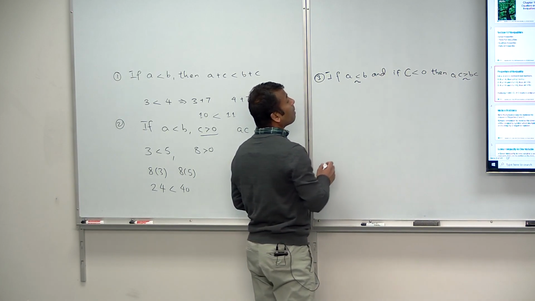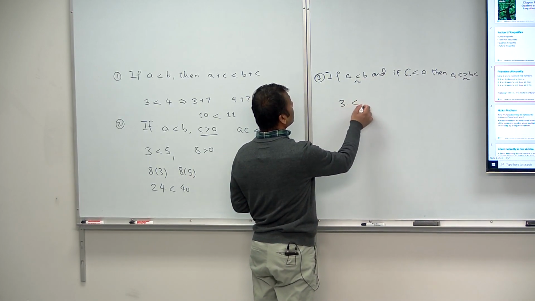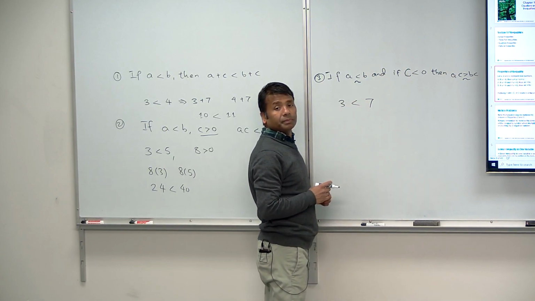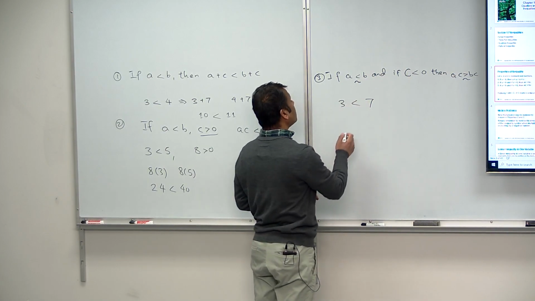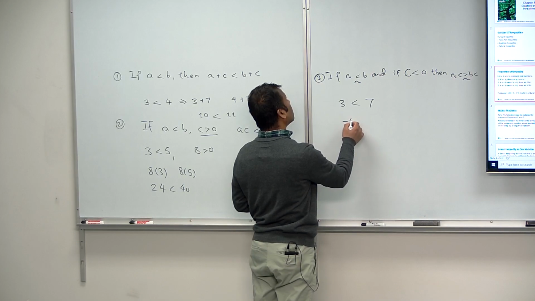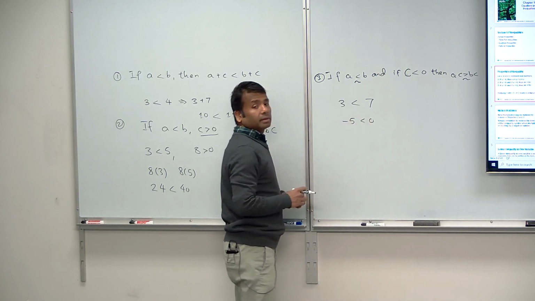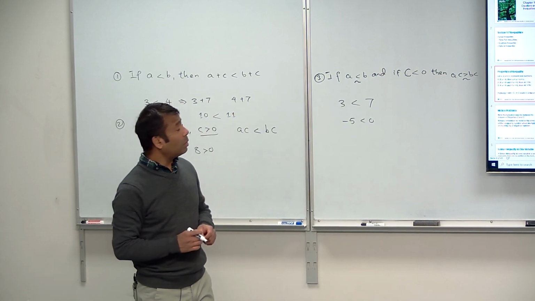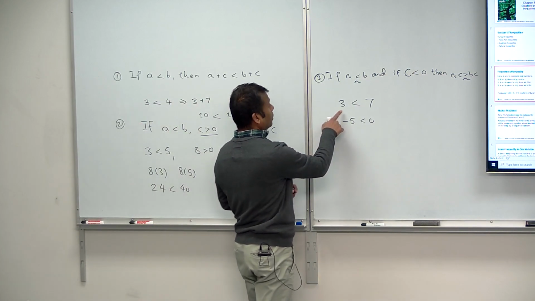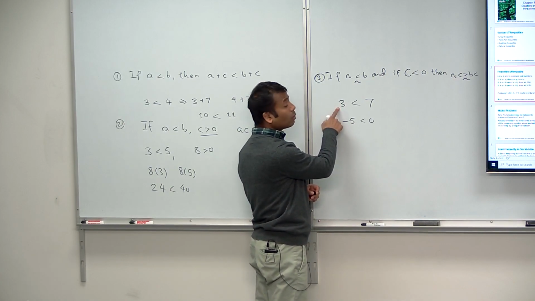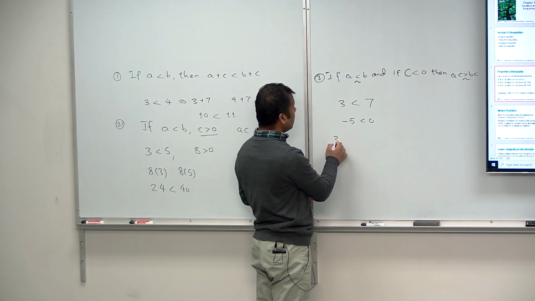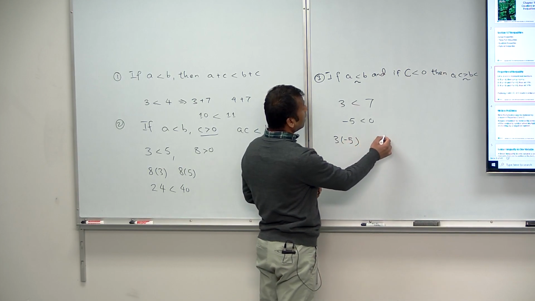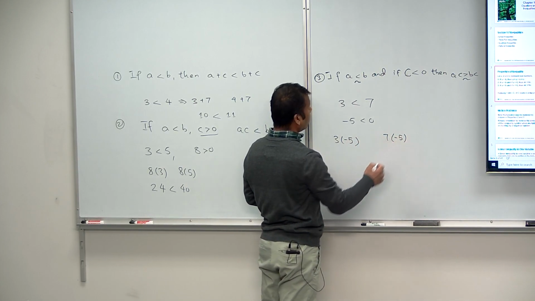So now, for example, let's say 3 is less than 7. Let's pick a negative number, let's say negative 5. This is a negative real number, right? You multiply both sides of this inequality by negative 5. So you have 3 times negative 5, and 7 times negative 5.